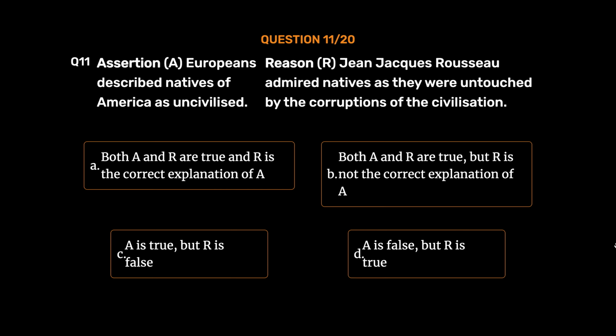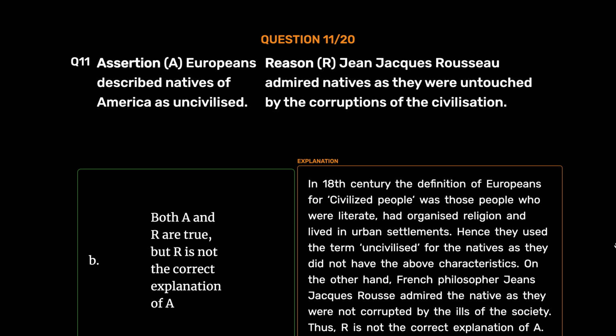The correct answer is Option B. Both A and R are true, but R is not the correct explanation of A. In the 18th century, the Europeans' definition of civilized people was those who were literate, had organized religion and lived in urban settlements. Hence they used the term uncivilized for the natives as they did not have the above characteristics. On the other hand, French philosopher Jean-Jacques Rousseau admired the natives as they were not corrupted by the ills of society.